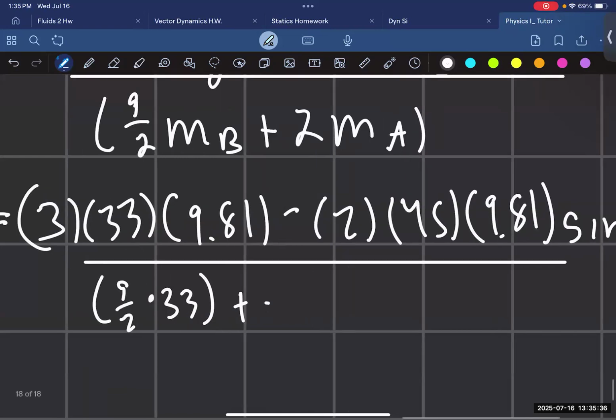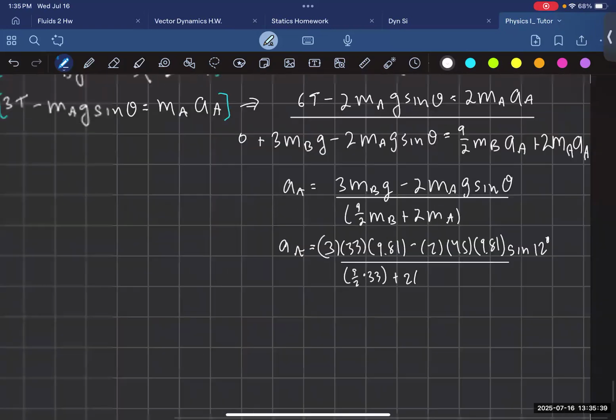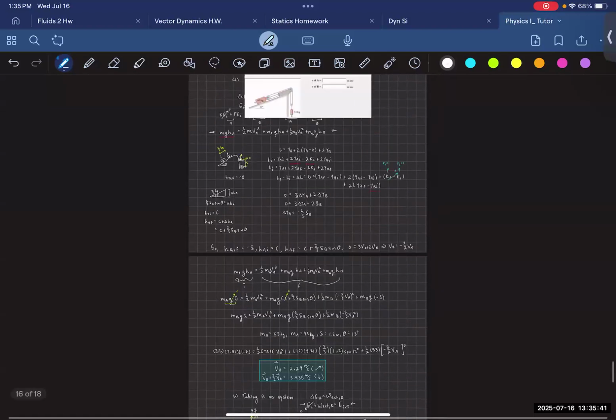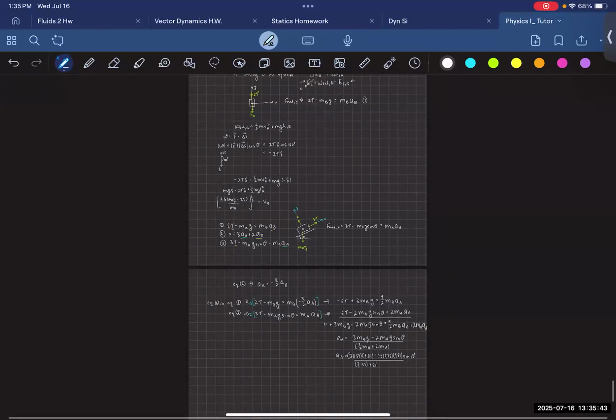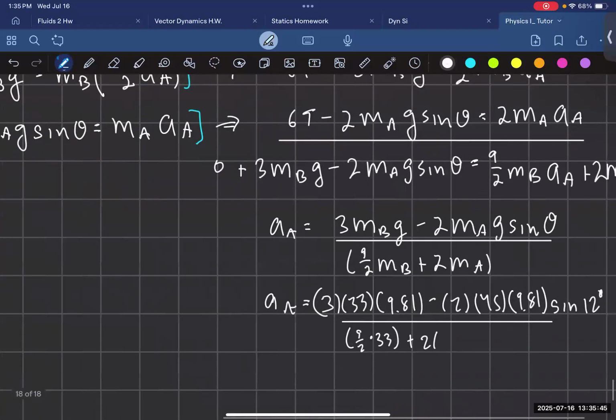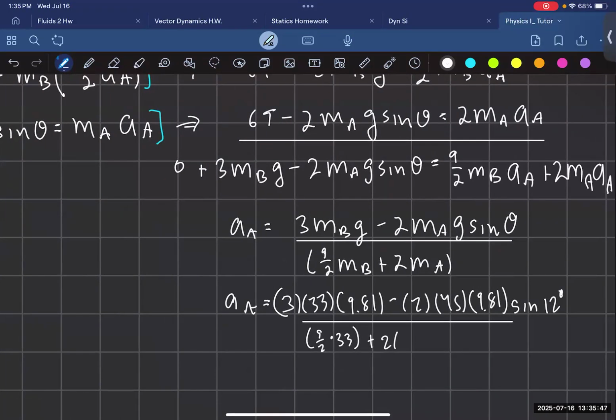While I'm doing this, you guys can already see how much more work this problem is compared to the other way of solving it. Just to contrast the two methods, mass of A is 45. And the numeric answer is, let's see, 3 times 9.81 minus 2 times 45. I'm just plugging this into my calculator, guys.